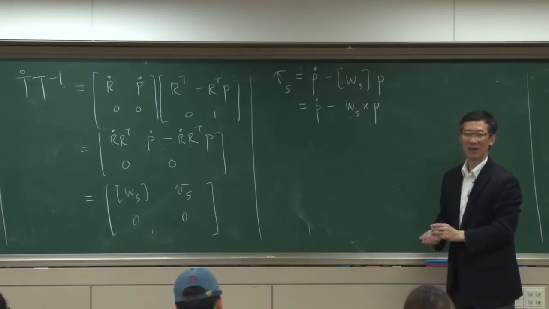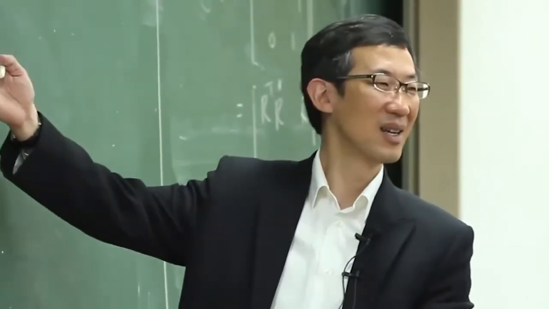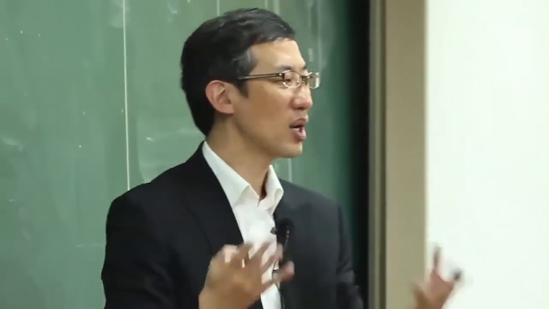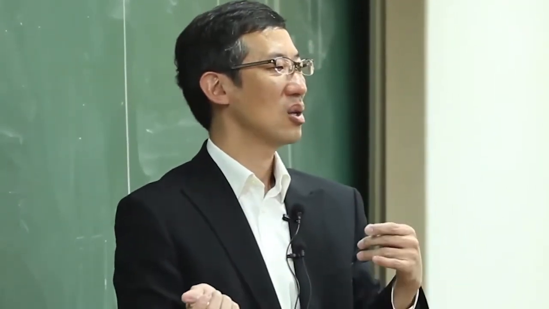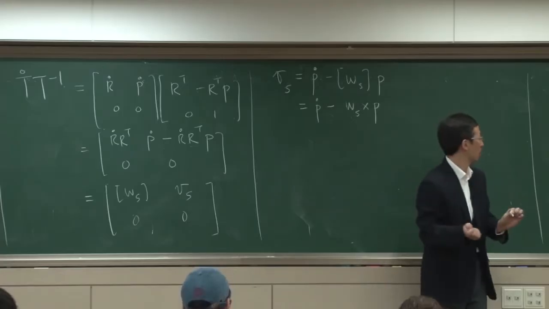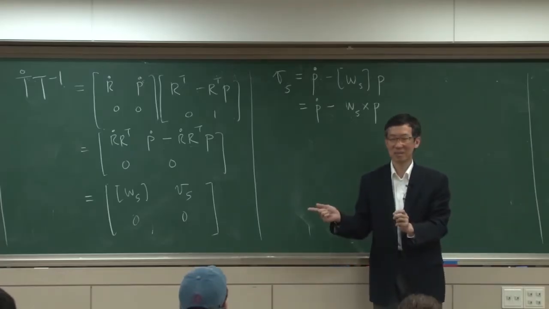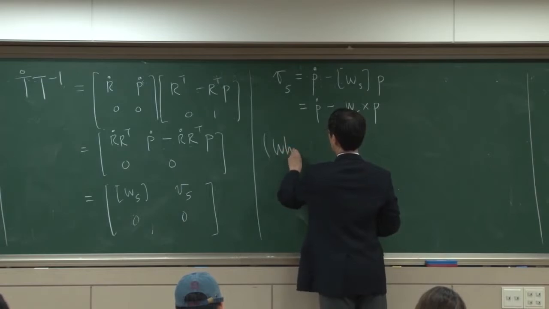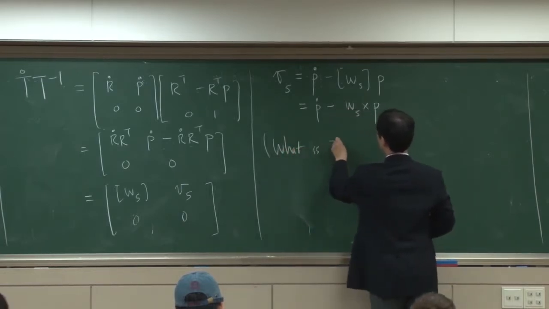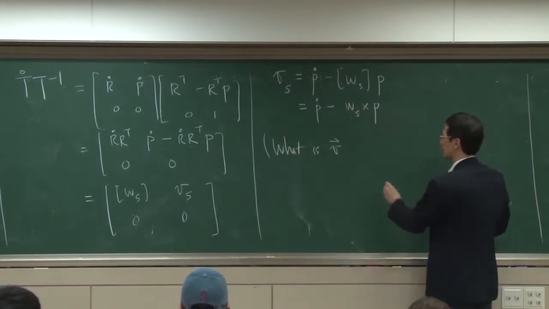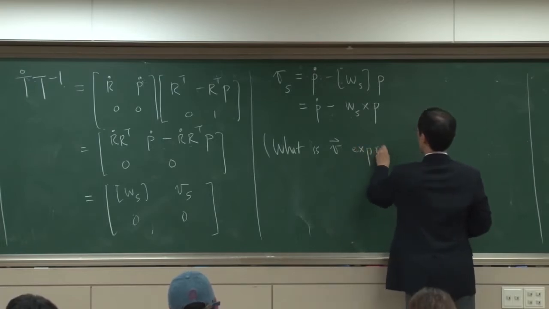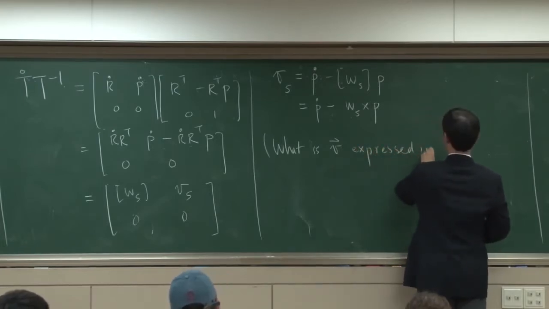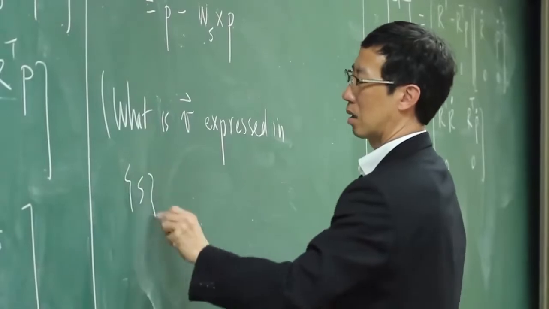And you say, huh? What's this? You want it to be the linear velocity in the space frame. What is the linear velocity in the space frame? What is V, expressed in space frame?